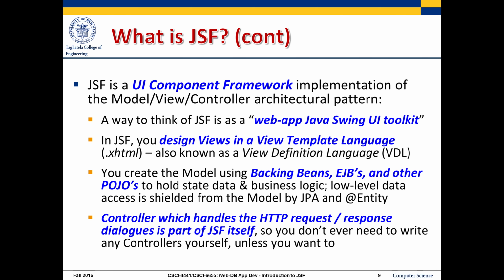In other words, the model will not be updated until the validations that you specify have been passed. It will automatically modify and save the model state for you, so you don't have to do that yourself. And then lastly, it picks the proper view and renders the web pages back to the browser in whatever way makes the most sense for that particular client.